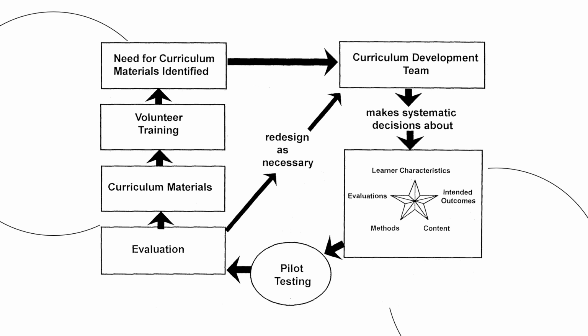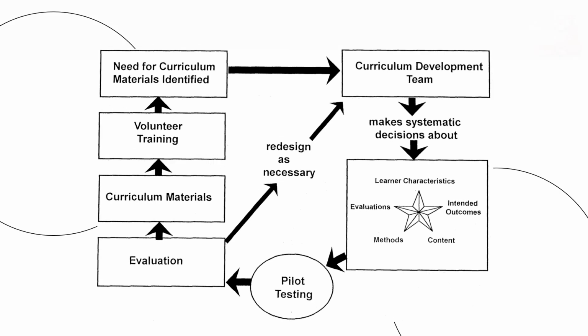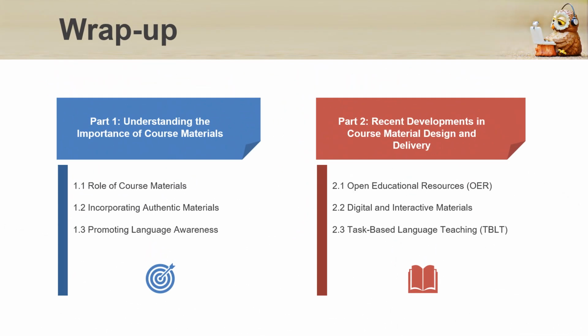Need for curriculum materials identified. This step, now placed at the end, reflects the recognition of future requirements for new or updated curriculum materials as educational needs evolve. This could set the stage for a new cycle of curriculum development, thus making the process cyclical.